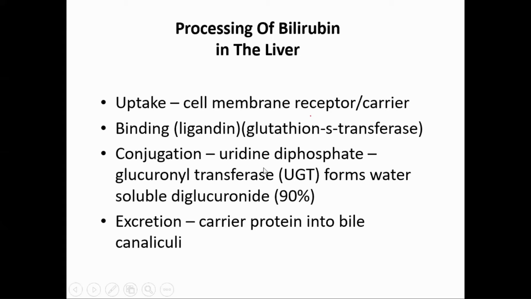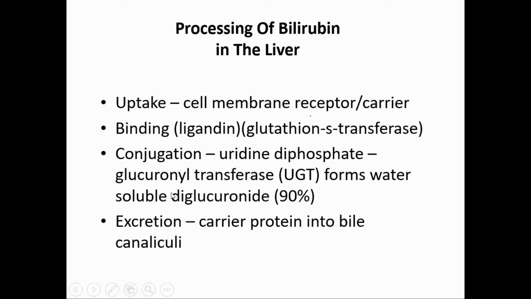This diglucuronide is water soluble. The unconjugated bilirubin is not water soluble. So this conjugation takes place in the hepatocyte. The enzyme glucuronyl transferase helps in combining unconjugated bilirubin with glucuronic acid, and it forms the soluble diglucuronide, that is, soluble bilirubin.